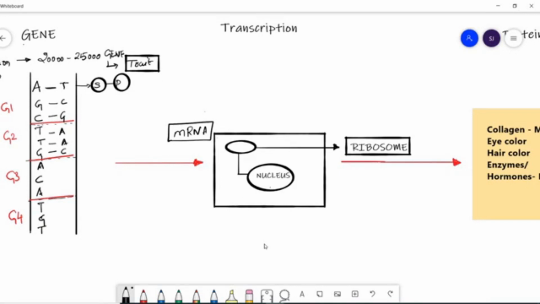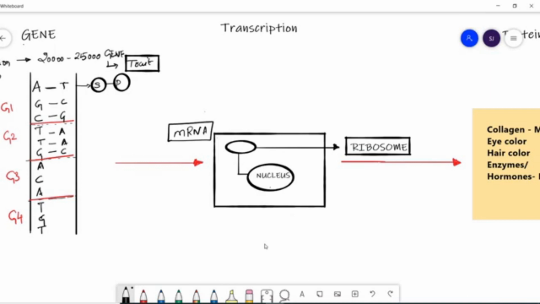Similar to DNA, there is one other biomolecule called RNA, ribonucleic acid, while DNA is deoxyribonucleic acid. So in simple terms, the information we have about a particular trait is present in these genes, and this gene has to be translated into that particular trait.